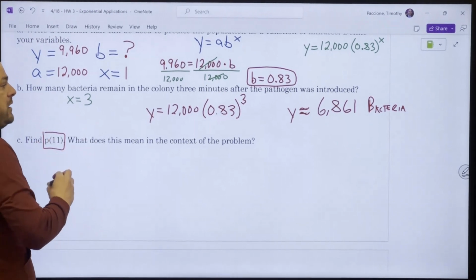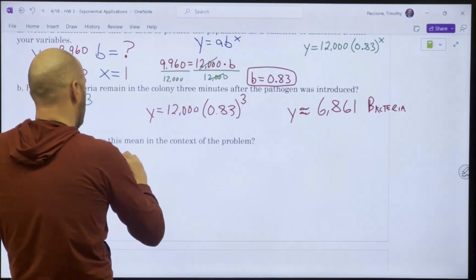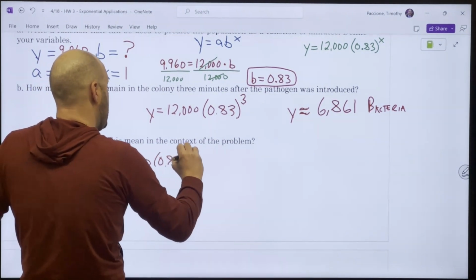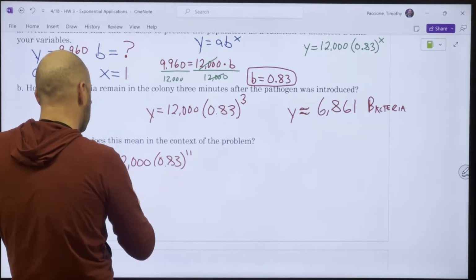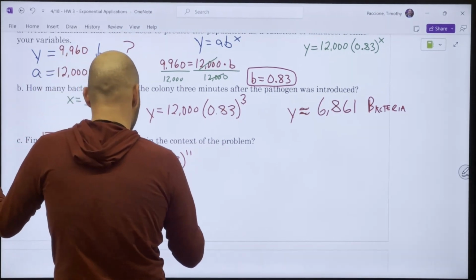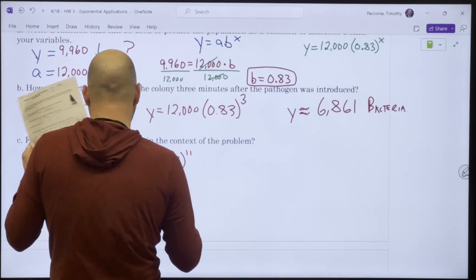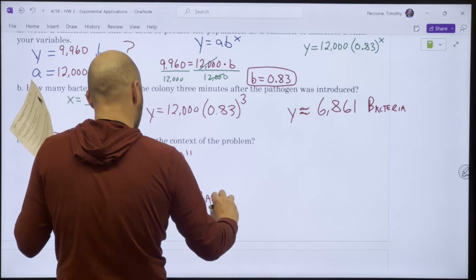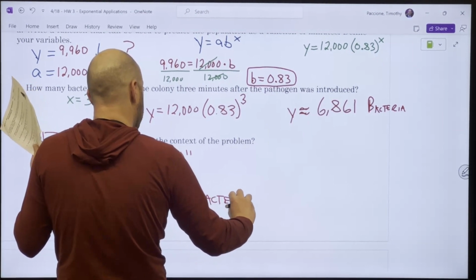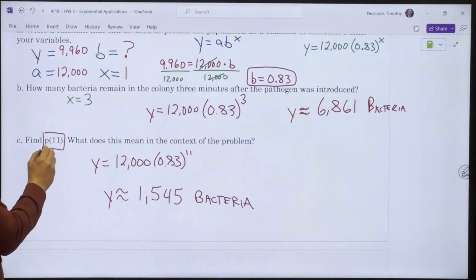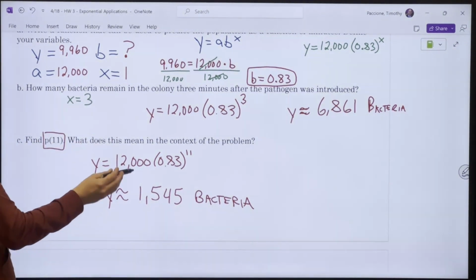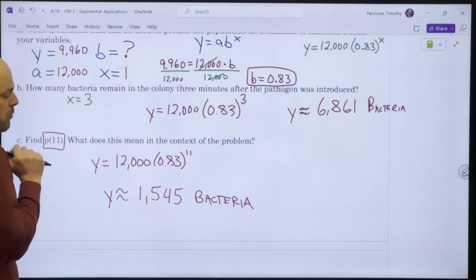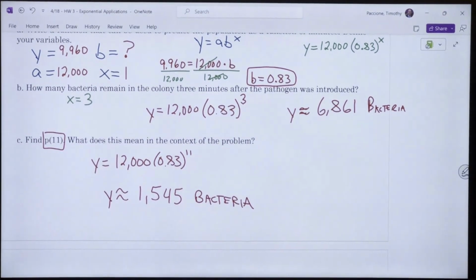So if you plug that in, y equals 12,000 times 0.83 to the 11, you would get approximately 1,545. Yep, that's what I got. 1,545 bacteria. And what that means is if you find P of 11, you find that after 11 minutes, there are 1,545 bacteria left. Okay?